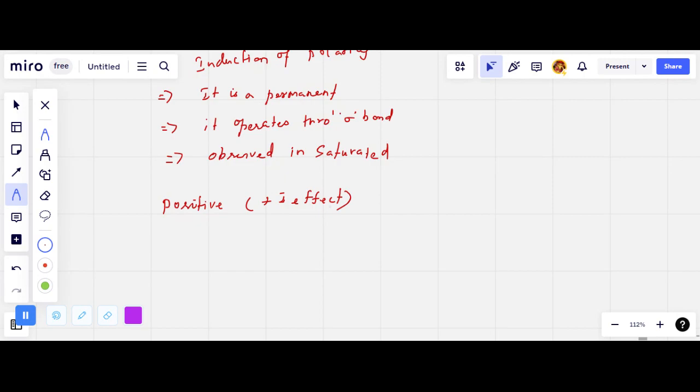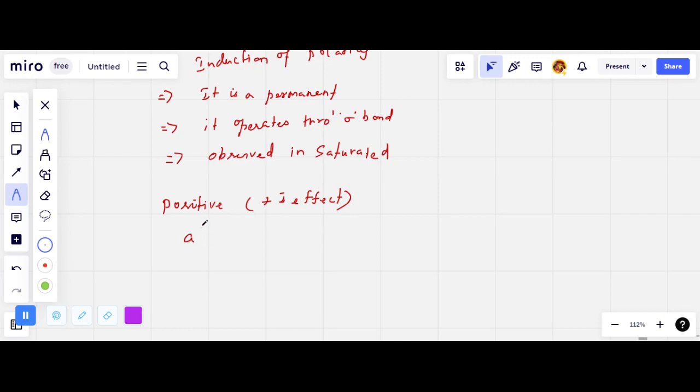Atoms or group of atoms having smaller electron affinity than hydrogen are said to have plus I effect. அதாவது electron affinity வந்து which will be less than that of the hydrogen.